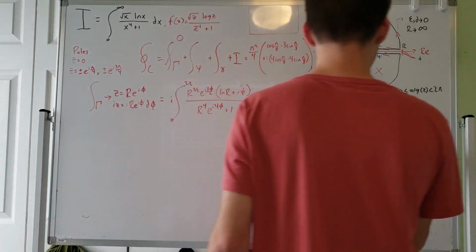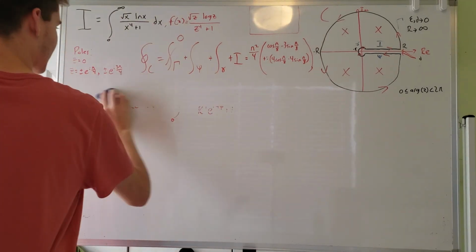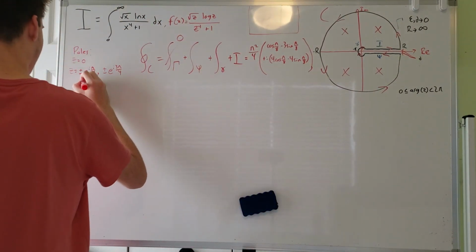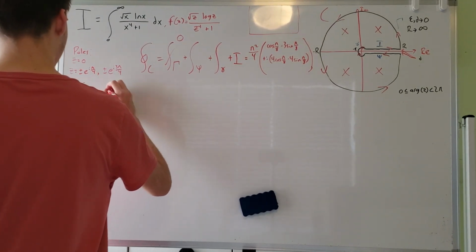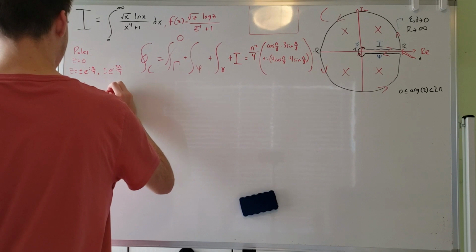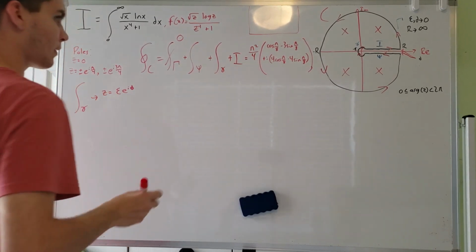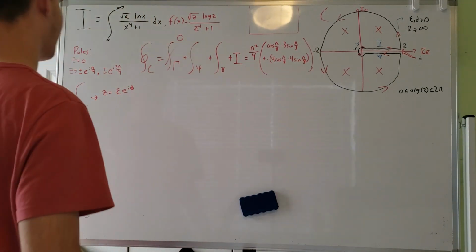Okay, good. That's 1. Now, I want to adopt a similar process for the integral over little gamma. So we can do the same thing, except we can parameterize z as epsilon e to the i phi, because our circle has a radius epsilon.